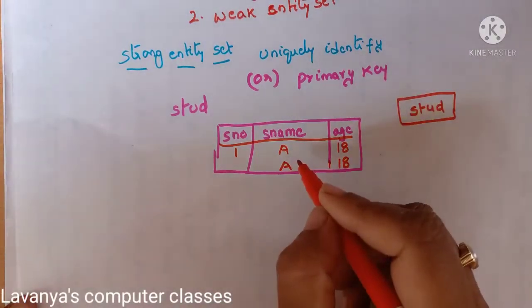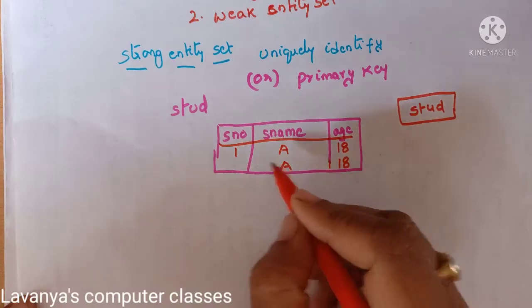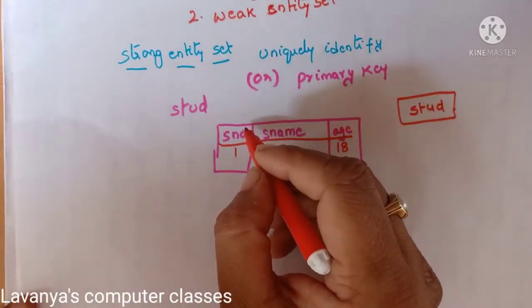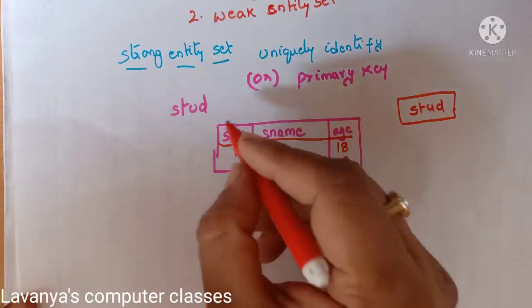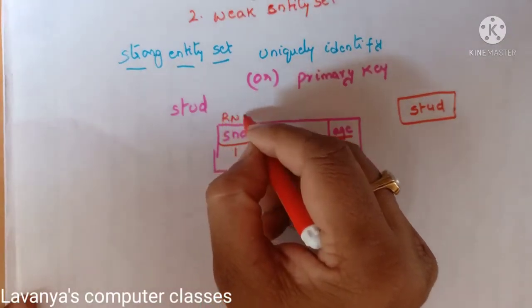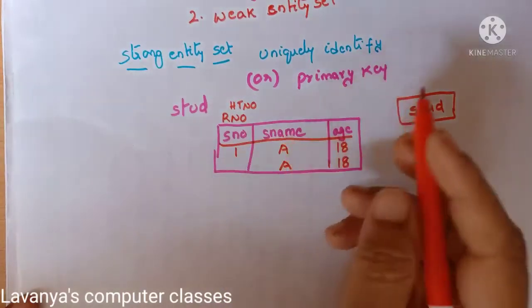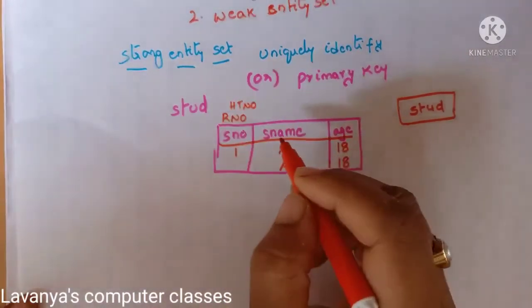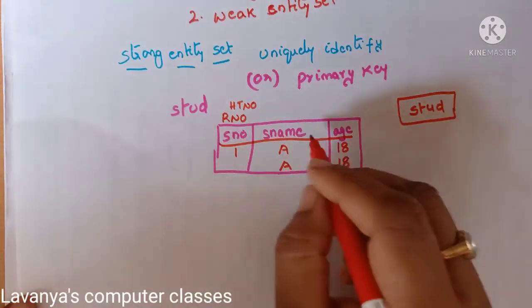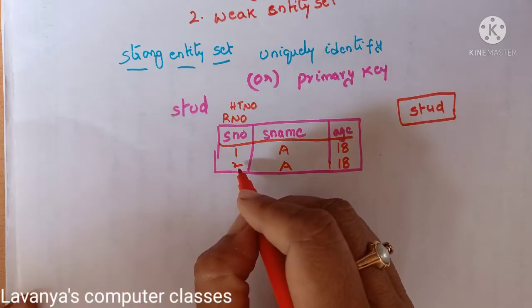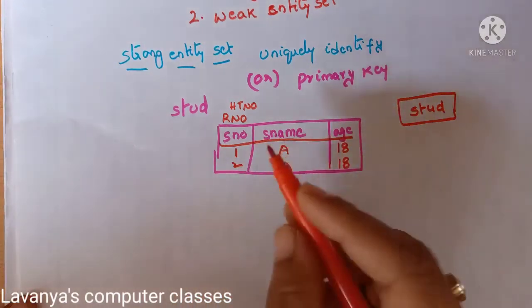But how can you identify one student from another student? We need one attribute that should be different, unique, like your roll number or your hall ticket number, because hall ticket numbers are not common from student to student. So here one is the roll number, two is the second student's roll number, hall ticket number.